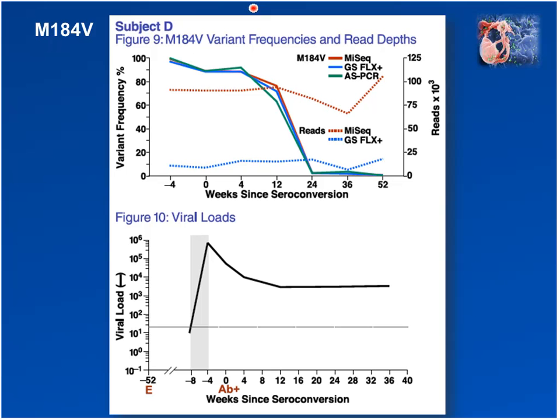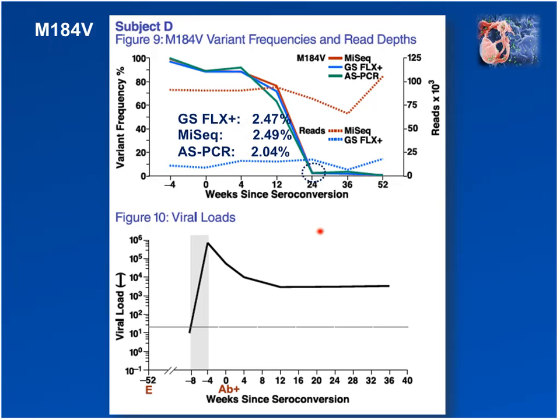To give you an idea of some of the numbers associated with these data points and how concordant the data is, let's look at this time point here, 24 weeks post-seroconversion. You can see that the frequency of the M184V drug-resistant variant at this site was determined to be 2.47 by the GS FLX Plus, 2.49 by the MiSeq, 2.04 by allele-specific PCR.